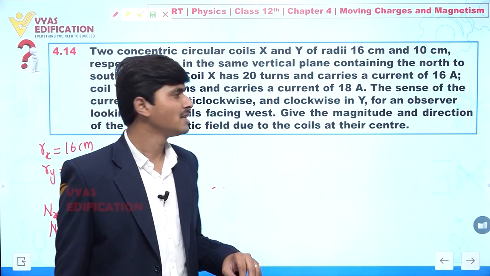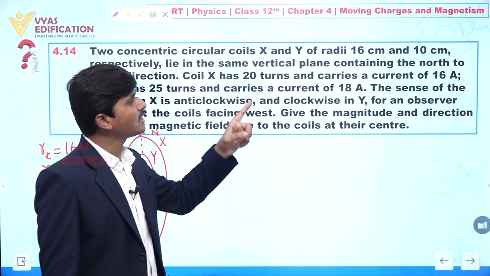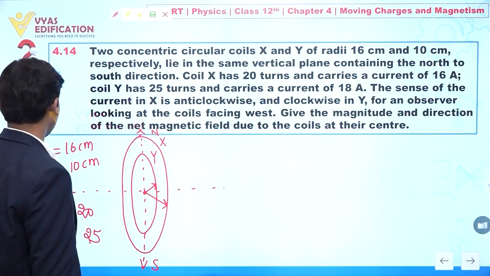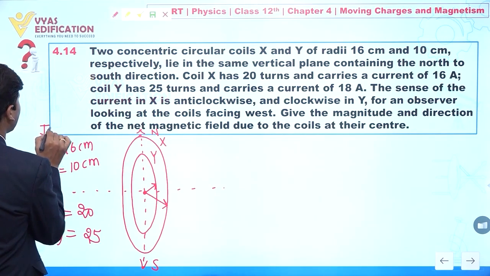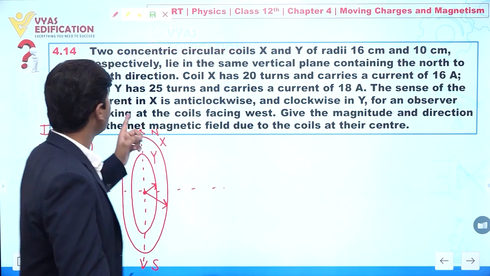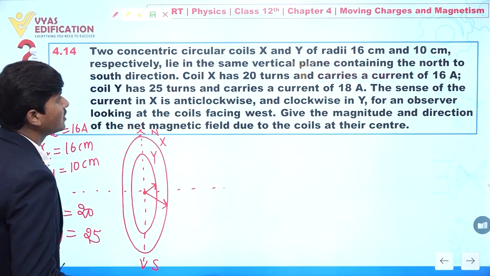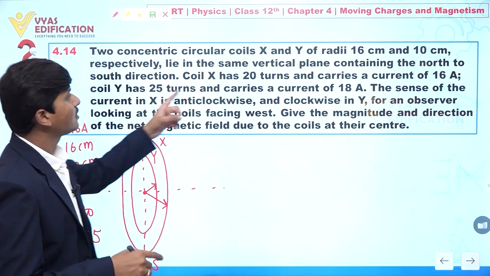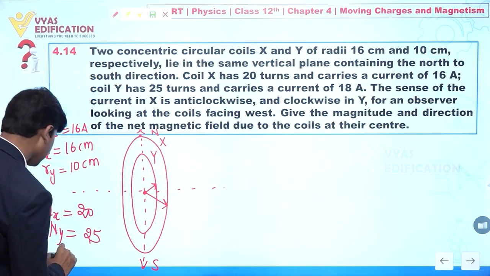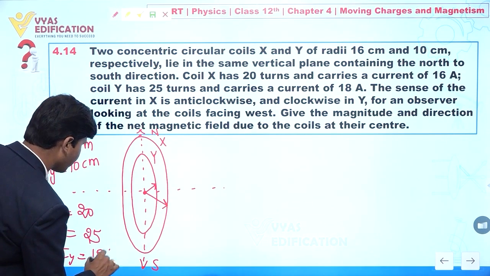And it carries, important part, it is also given current, coil X carries a current of 16 ampere. It means value of Ix, this is given 16 ampere. Clear? And coil Y carries a current of 18 ampere. Clear everyone? So I can say Iy is given to you 18 ampere.